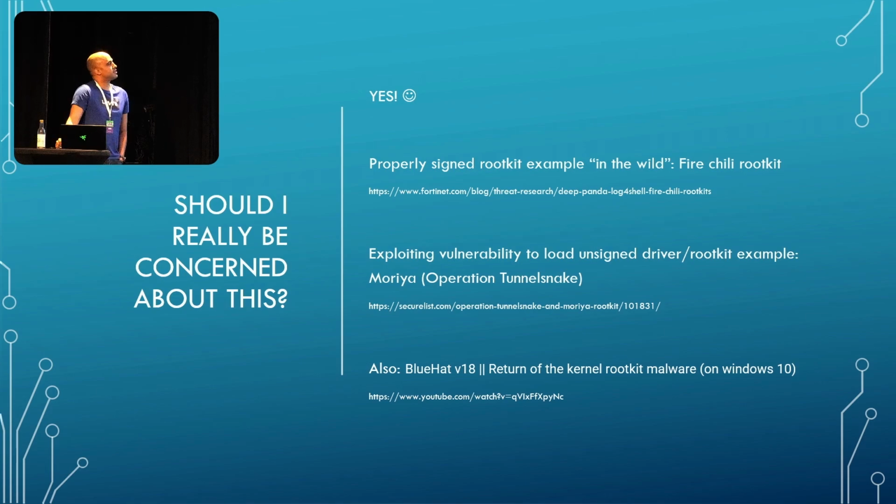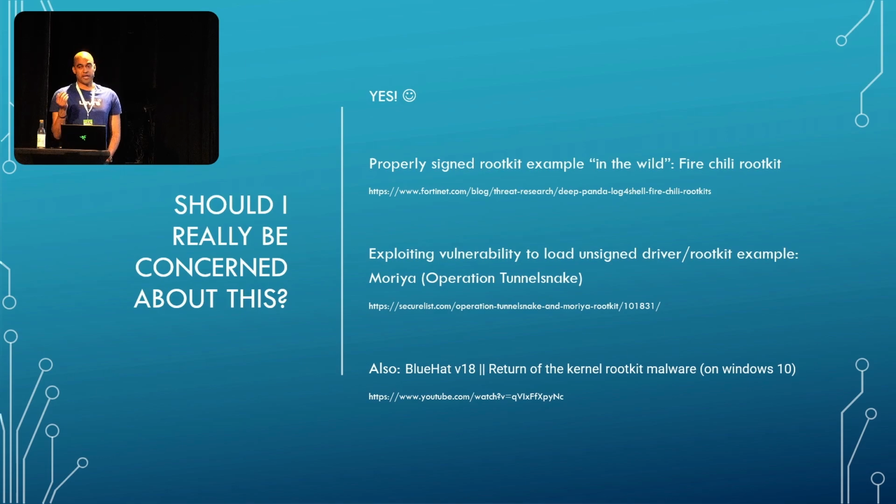I did some quick Googling, and I found some of the ways that you can actually get code execution in the kernel. In this case, having a properly signed rootkit, which is also the example of Mimidrive, for example, from Mimikatz's repository. The other way is to find a legitimate driver, have it installed and loaded, which will be allowed by the operating system because it's legit and signed by a known CA.